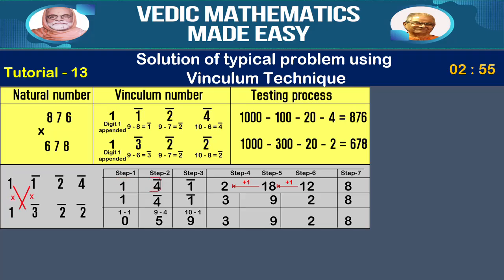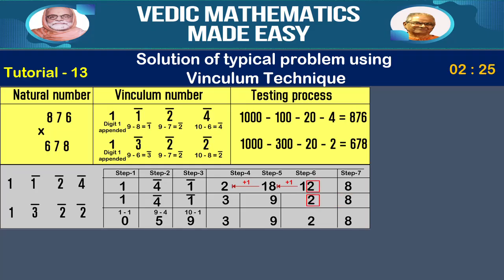Step 2 we get 4 bar. Step 3 we get 1 bar. Step 4 we get 2. Step 5 we get 18. Step 6 we get 12. And step 7 we get 8. Observe, friends, only at 2 steps we have got carry digits.